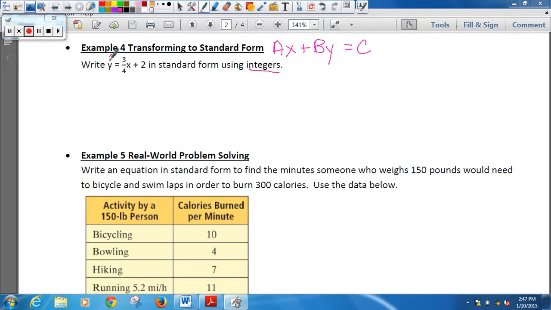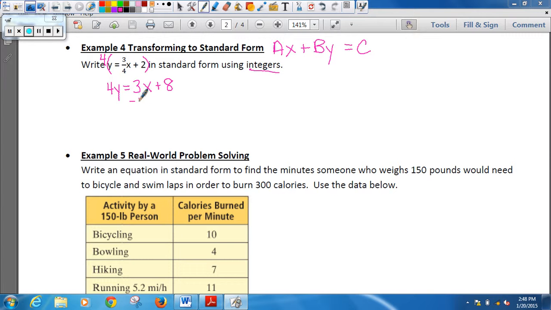So I have to remove the fraction. In order to remove the fraction here, I multiply by the denominator of 4. So I rewrite this equation as 4y equals 3x plus 8. And now I have to get it in the correct standard form, so I need to move my x to the other side.